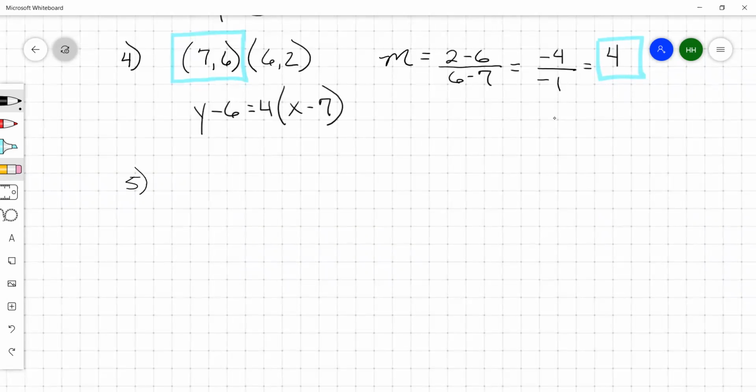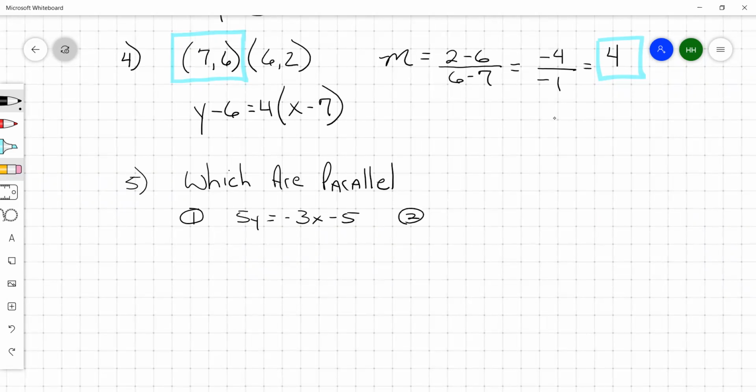Number 5. The question is, which are parallel? You're given 3 equations. One equation is 5y equals -3x minus 5.